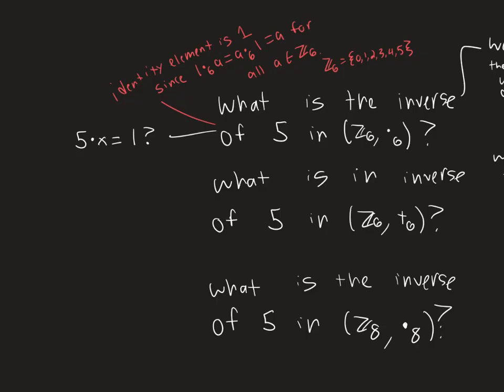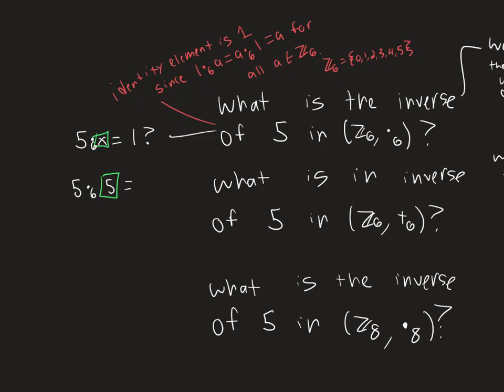If we look at our multiplication table, we will see that, oops, that's the special multiplication. 5 times 5 equals, sorry, 25.